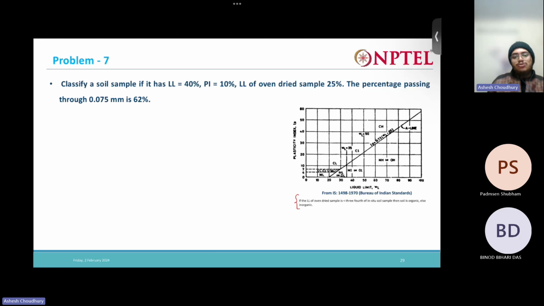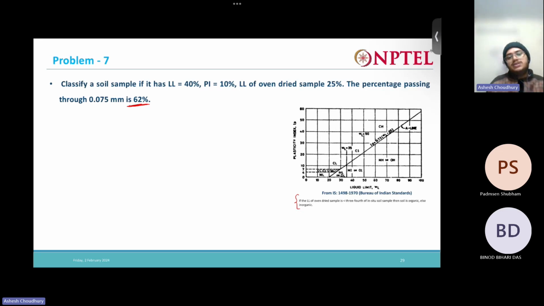Because more than 50%, here 62%, is actually passing through the 75 micron sieve. 0.075 mm, that is 75 micron. So more than 50% is finer than 75 micron. That's why you're calling it fine soil.